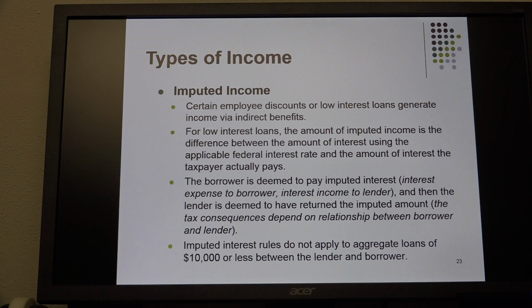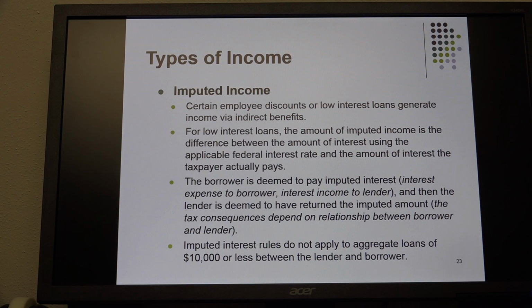And so let's just get into what some of these items of imputed income might be. The main one that comes up is bargain purchases. You get to buy certain property for less than its full value.